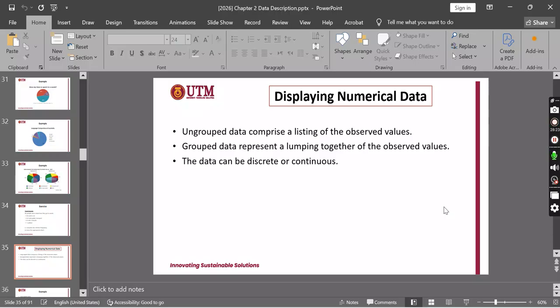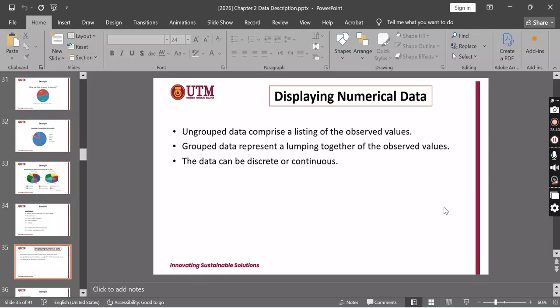Okay, now we are talking about continuous. Continuous, like what? Like time. So I am waiting for you half an hour, for example. So it's 0.5 hours.